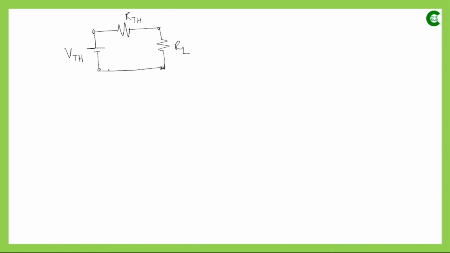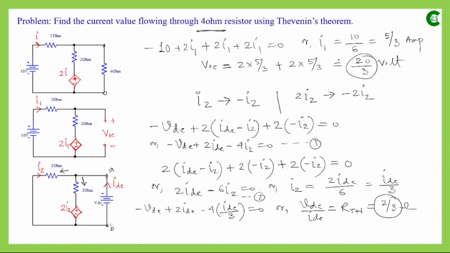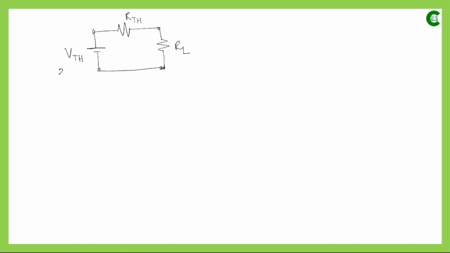So this will be R. VTH we have already obtained as 20 by 3 volt using the normal method for application of Thevenin's theorem.